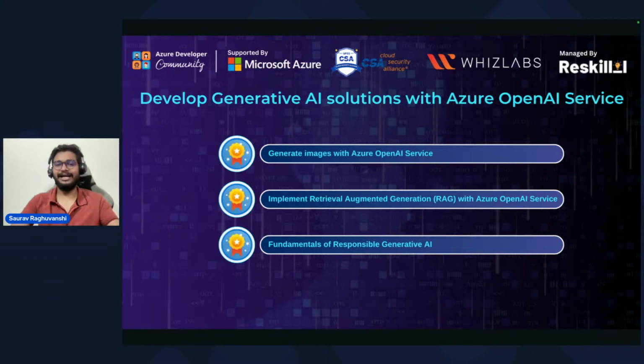Because when we talk about AI today, it's very important that everyone who uses AI understands the responsible principles of AI. Let's say we are creating an AI model that can tell whether to give a person a loan or not, a finance application.